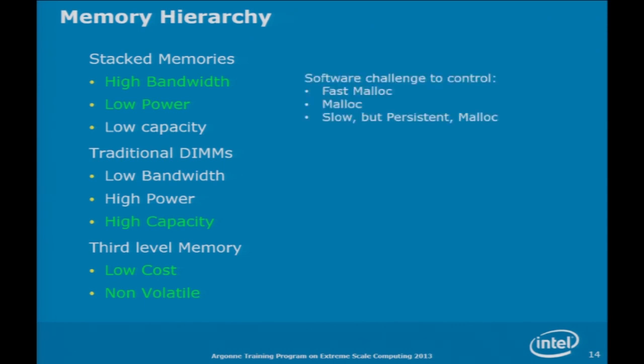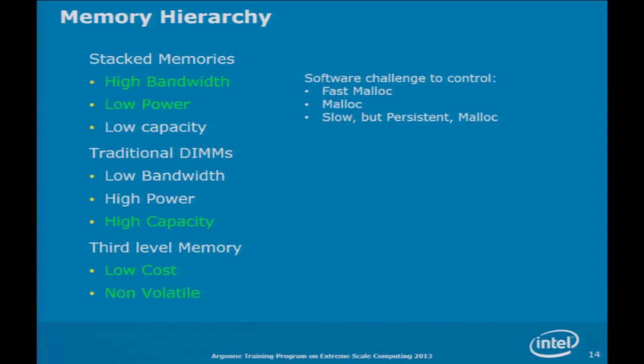But of course, there are 3 levels of memory, and I think in supercomputers you may well have a mixture of these 3 levels. So this is a bit of a challenge for software to control and take advantage of. You now end up with fast malloc, where you allocate memory in your stacked memory chips, malloc for your DRAMs or your DIMMs, and slow but persistent malloc for your third level of memory.